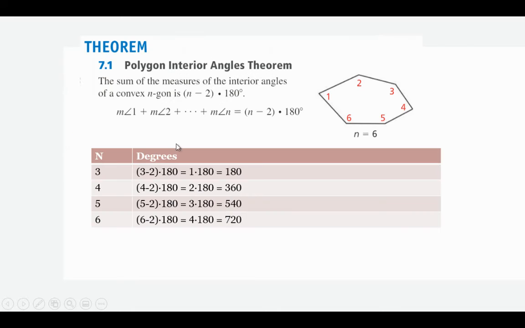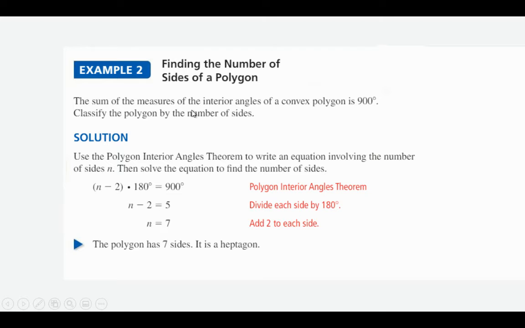In our equation here, we have n and we have the degrees, the angles inside. There are two variables here. In the example we just did, we were trying to find the number of degrees when we were given the number of sides. In example 2, we want to find the number of sides. So we use n as our variable and plug the degrees in on the right side of the equation.